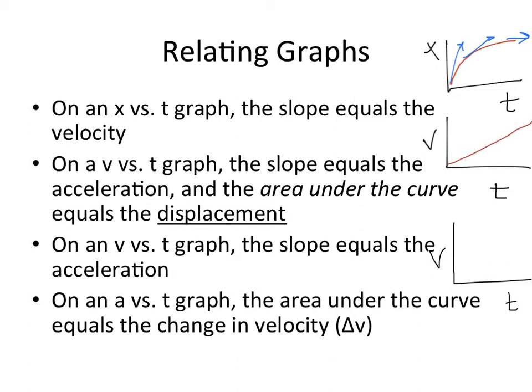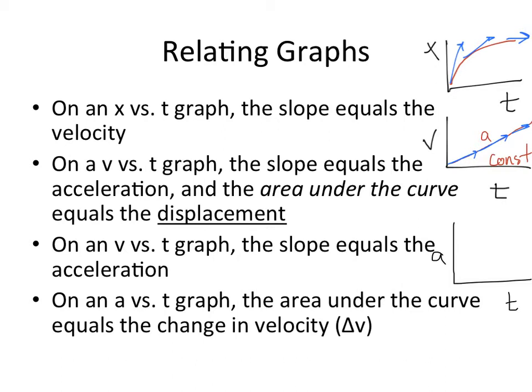We have a constant slope, which means a constant acceleration. That's good. We don't want changes in acceleration. That's for a different kind of physics class. So this slope right here, and by the way, the slope is the same all along here. So of course it's going to be constant, right? And here we go. This is what I meant to do before. On an acceleration versus time graph, the area under the curve equals a change in velocity. I'm going to point that out in just a second.